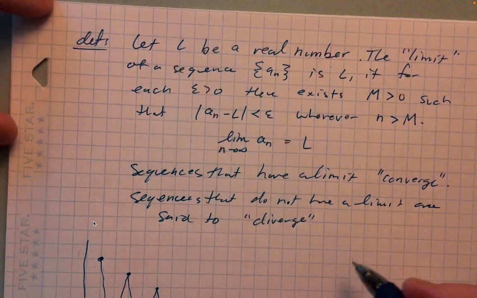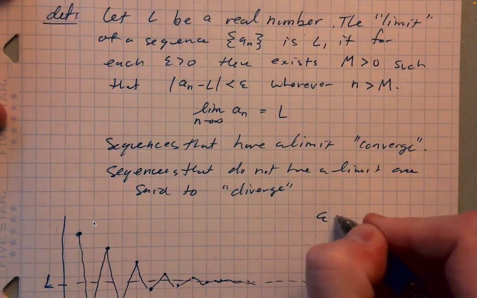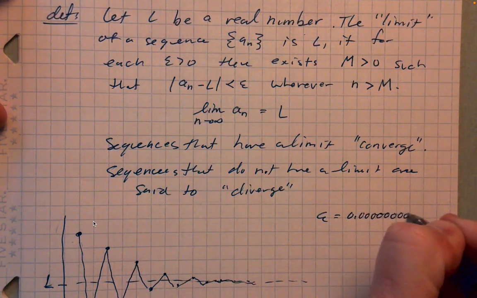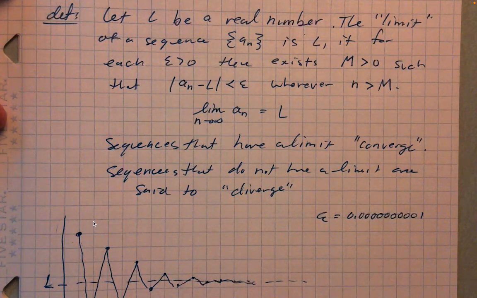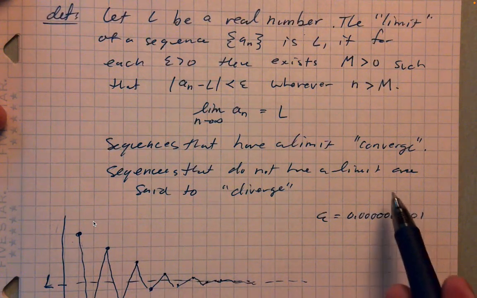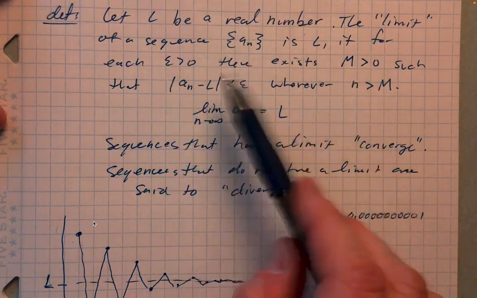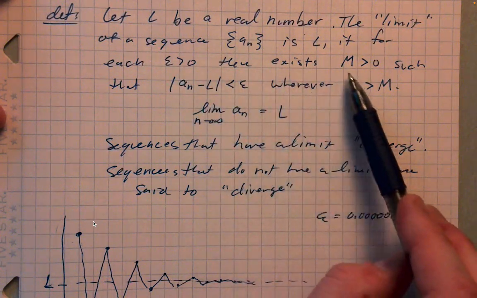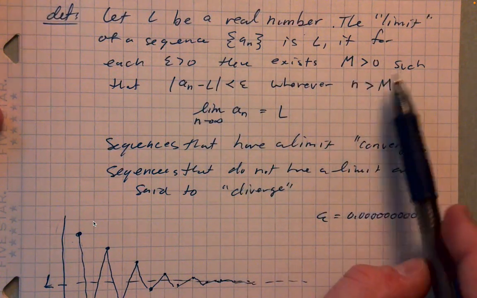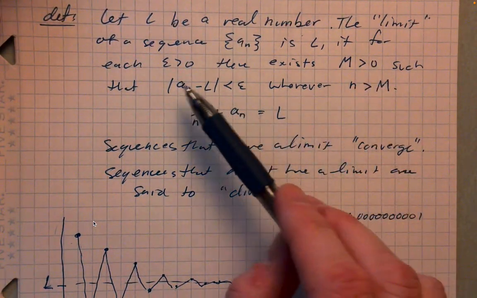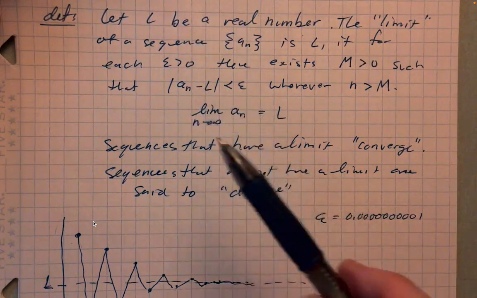Typically epsilon is taken to be a really small number, like 0.00000, some really small number. This is the interesting case anyways. Epsilon could be anything, but when epsilon is really, really small, then what this definition is saying is that for any epsilon, no matter how small you like, there's going to exist some value of M such that whenever n is larger than M, the sequence is going to be within epsilon of the limit.